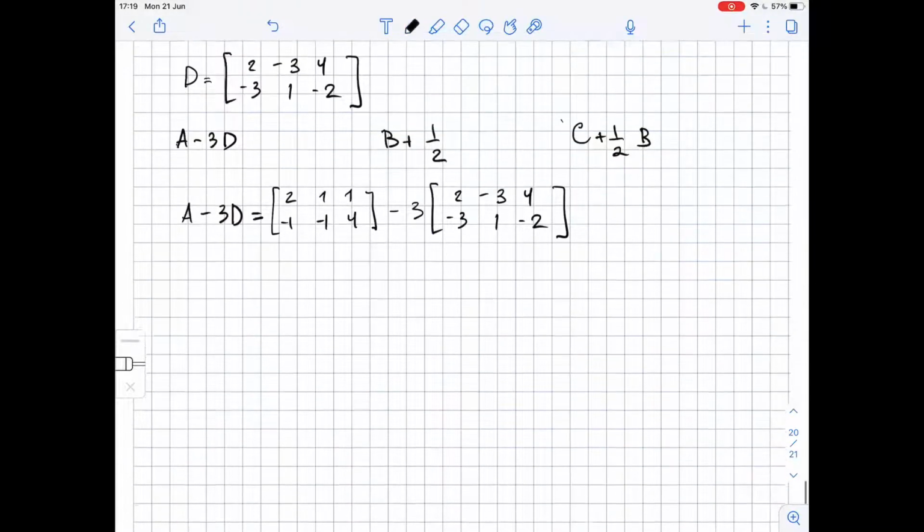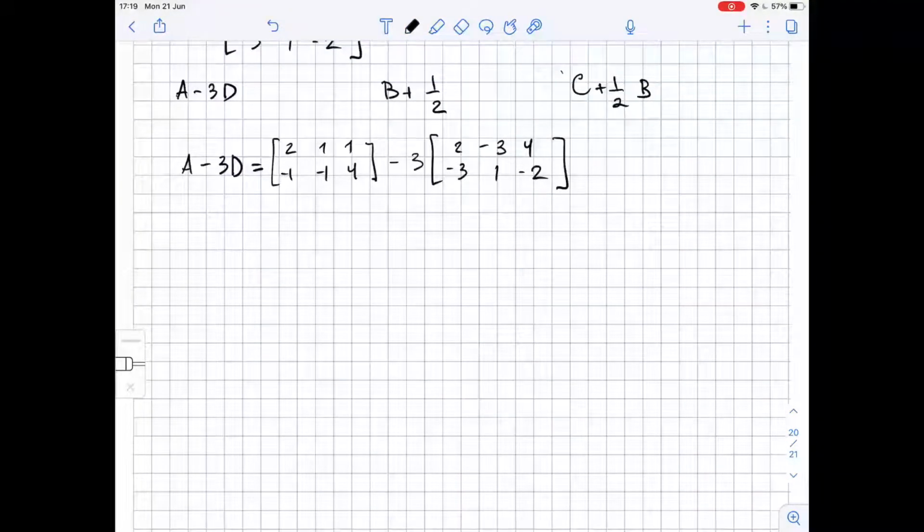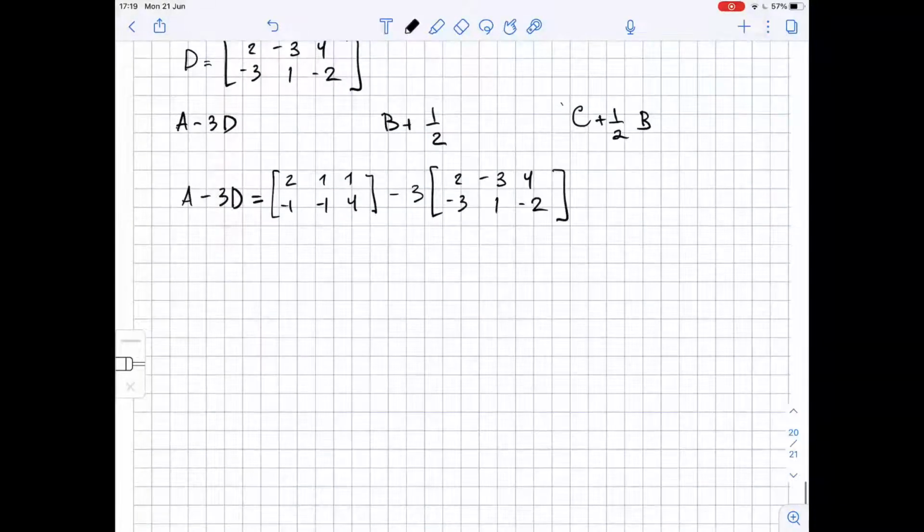Well, the first step to solve this is to multiply our second matrix, matrix D, by the scalar. When we do multiplication by a scalar, we need to multiply each element of the matrix by this scalar number.